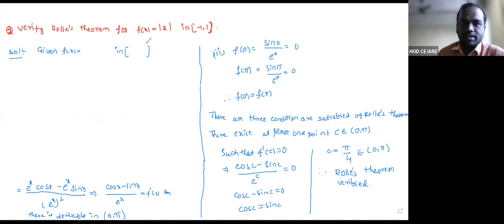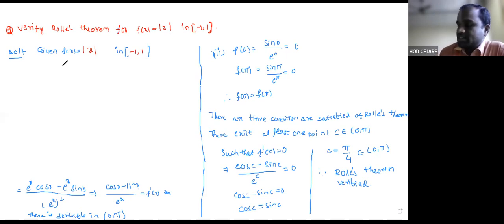Okay. Here f of x is equal to the given function, mod of x, in -1 comma 1. So we can write f of x is equal to mod of x in -1 comma 1.